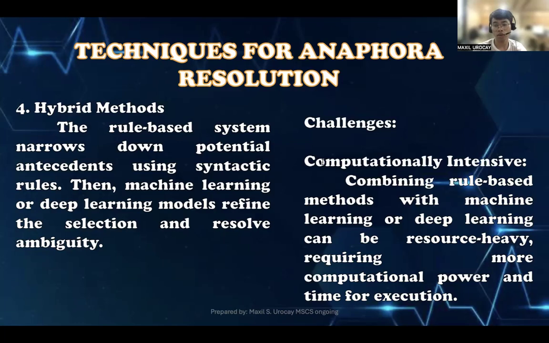Of course, since you're trying to combine rule-based and deep learning or machine learning methods, you have to expect a lot of computation. Combining a rule method with machine learning or deep learning can be resource heavy, requiring more computational power and time for execution.